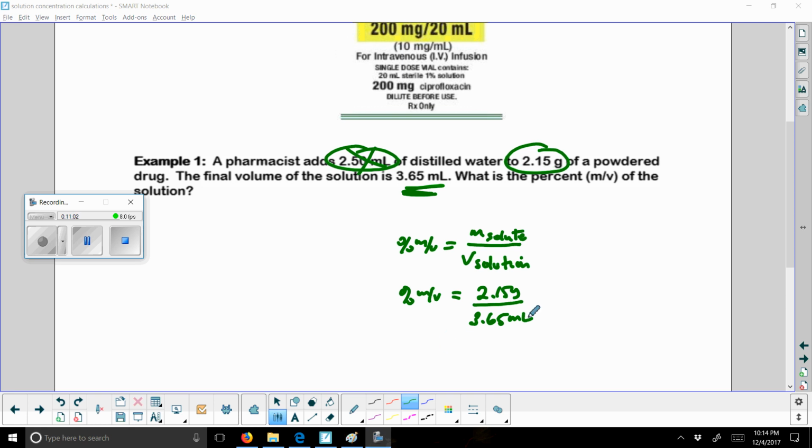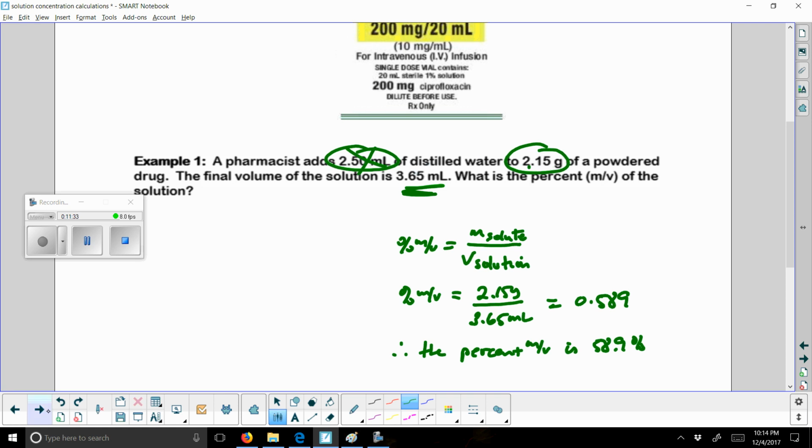End up with 0.589 as my percentage. So therefore, the percent mass volume concentration is 58.9% with 3 significant digits there.